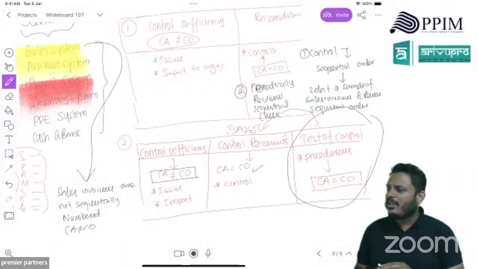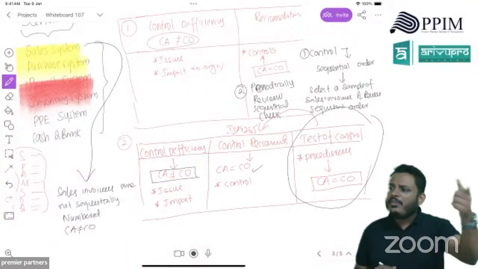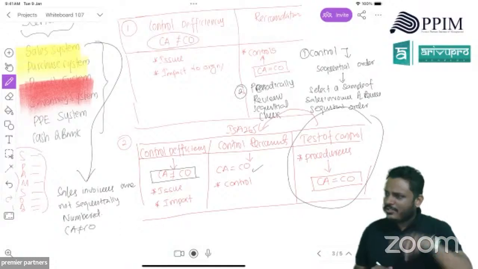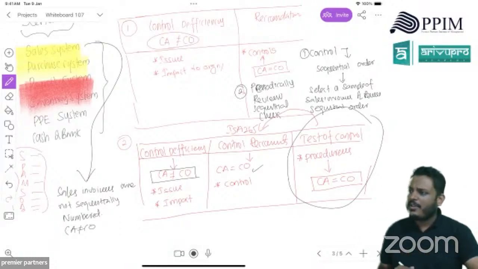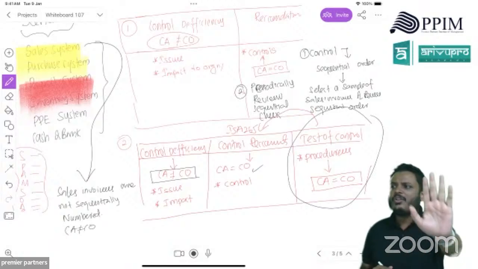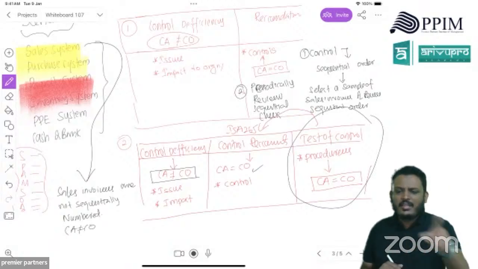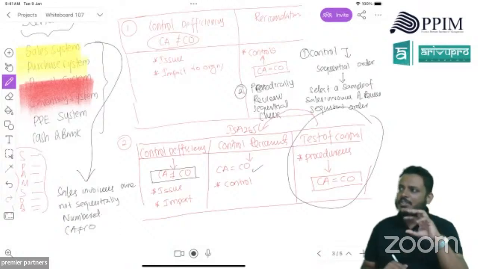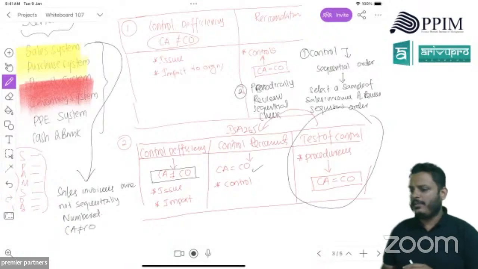Section B is test of control. Again, why are you reading? Because test of control is not correlated to the scenario. Test of control is based on your control recommendation. Answer based on the control recommendation, and don't waste time. If you understand all these small things, you can plan your answer effectively.